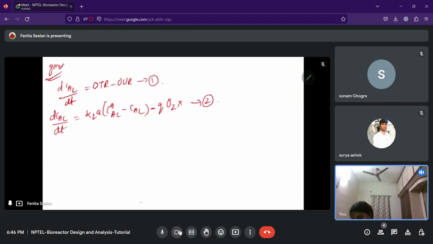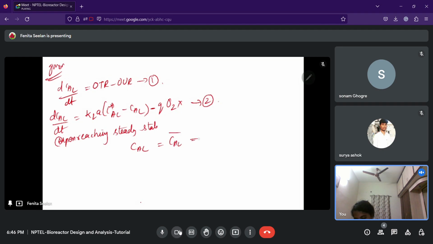When the dissolved oxygen concentration reaches a steady state, which is the steady state value of C bar AL, at this state CAL will equal C bar AL.